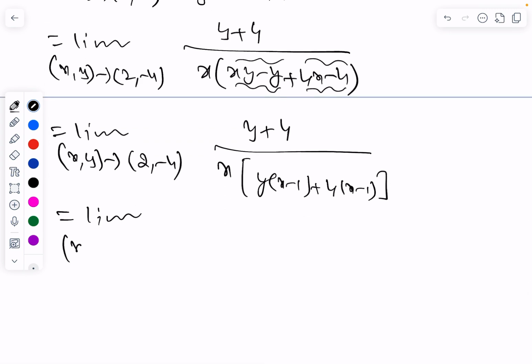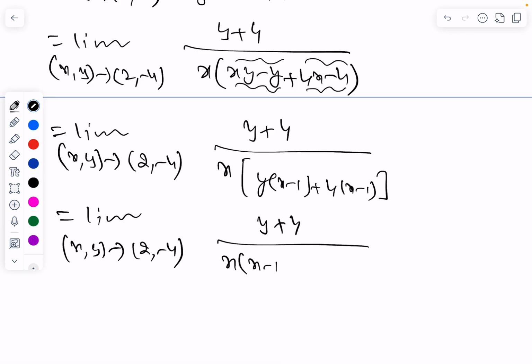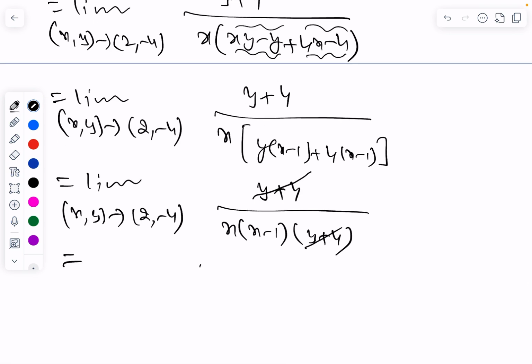So this is limit xy tends to 2, minus 4, y plus 4 over x, x minus 1, y plus 4. And this y plus 4 will get cancelled. Remaining part is 1 over x, and x is 2. So the answer is 1 by 2.